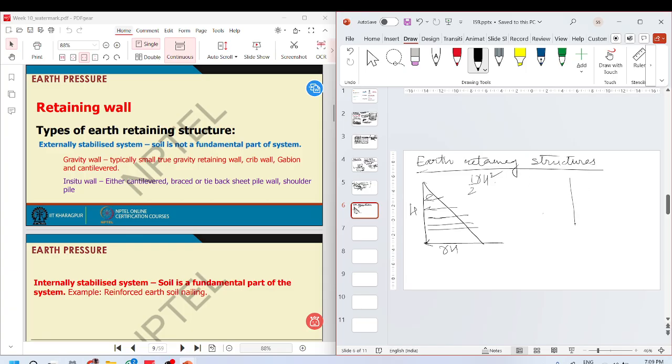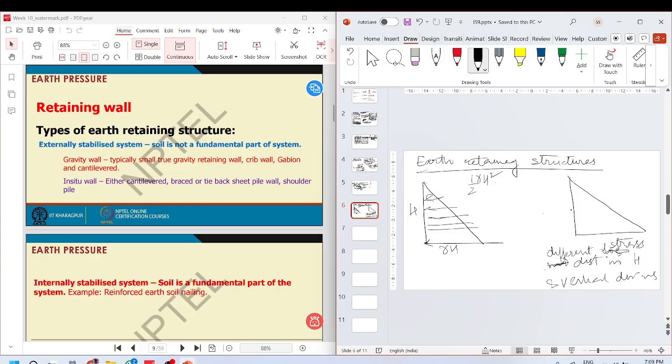But soils are different in a sense that they have different stress distribution in horizontal and vertical directions.